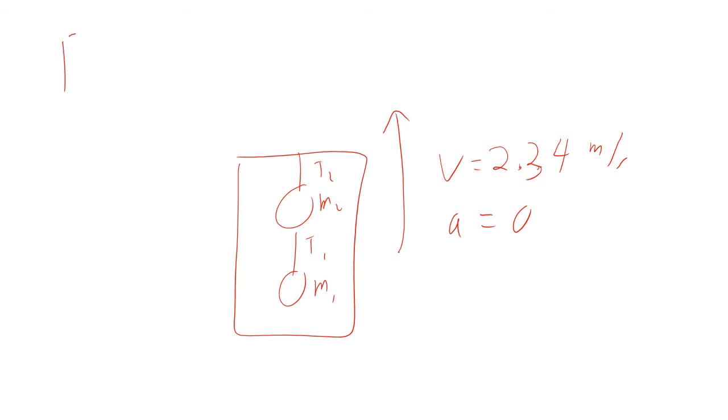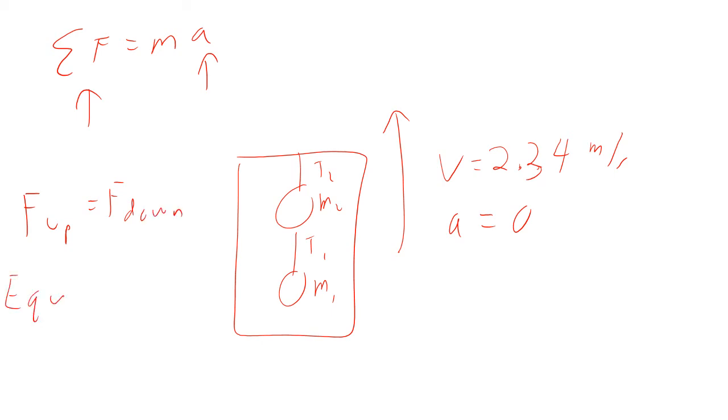Well, if acceleration is 0, the sum of the forces equals 0, which means that force up equals force down. This is a concept that we're going to call, later on in the semester, equilibrium. The forces are balancing. Well, that's exactly the same situation we had before, which is exactly what we solved before.